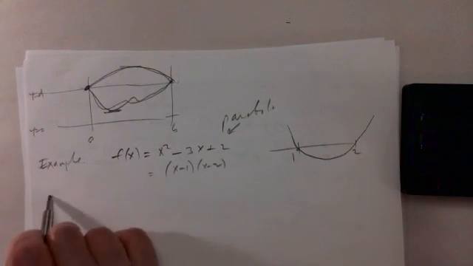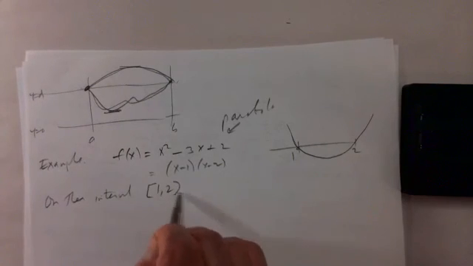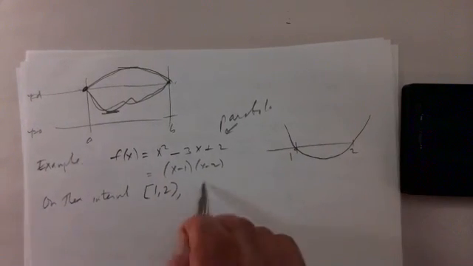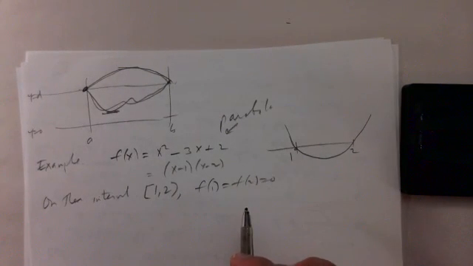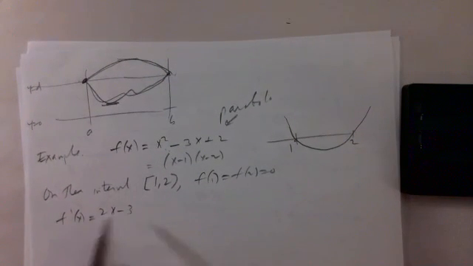So on the interval from 1 to 2, we have the x-intercepts, f of 1 equals f of 2 equals 0. What's the derivative of this function? f prime of x is 2x minus 3.